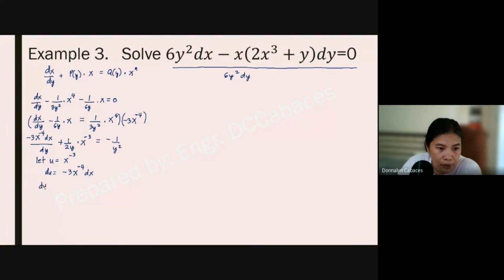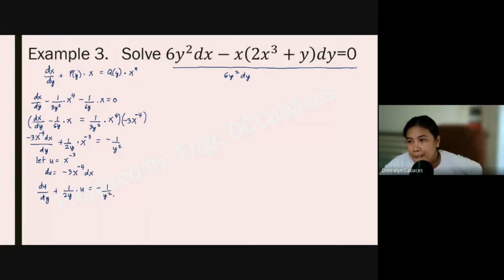So you have the derivative of u with respect to y plus 1 over 2y times u is equal to negative 1 over y squared. Okay? And then what is now our IF?